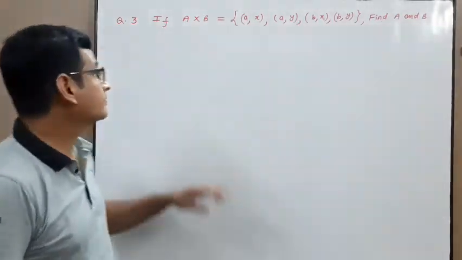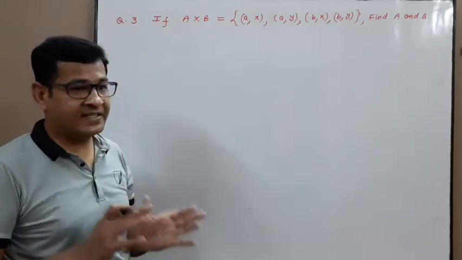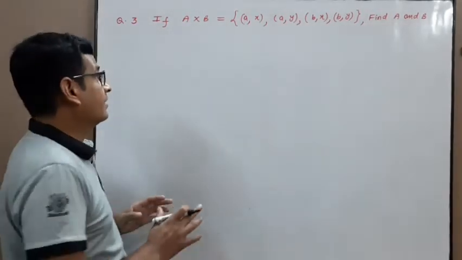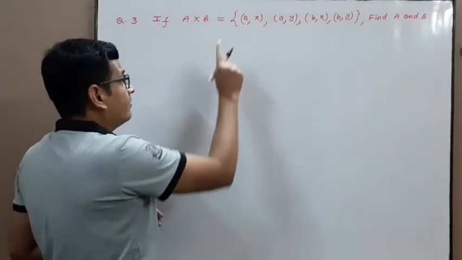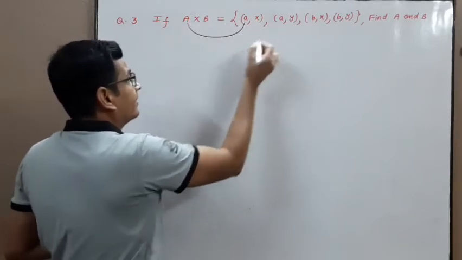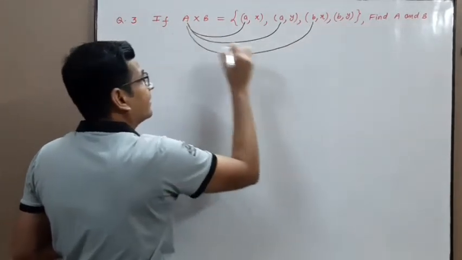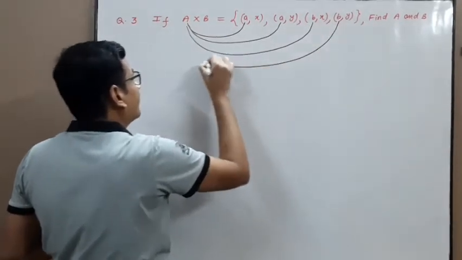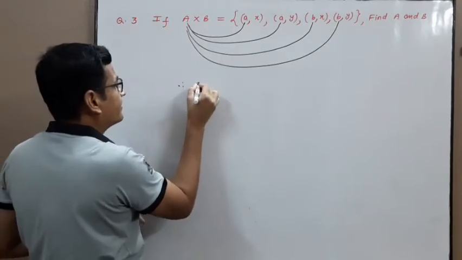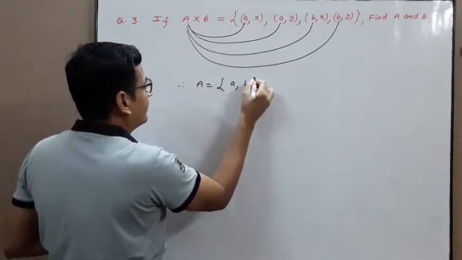Next problem. If A cross B equals this, find set A and set B. We know by definition the first element belongs to the first set. Therefore set A is equal to {a, b}.